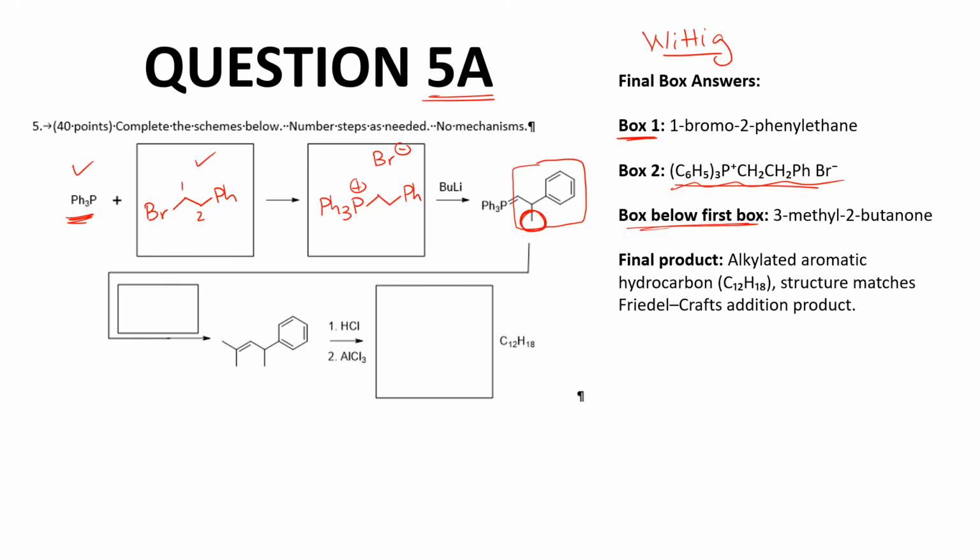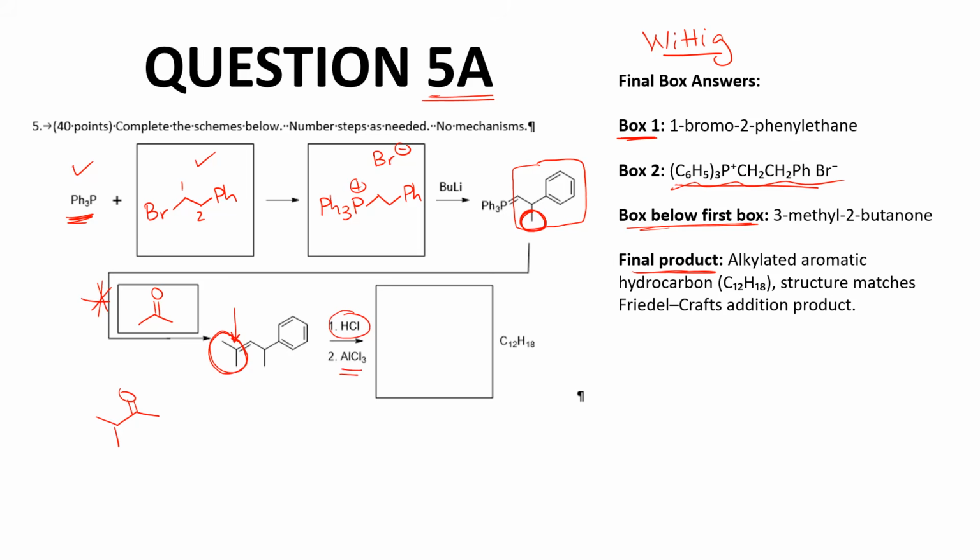The box below the first box, and that's right here on the lower left, is 3-methyl-2-butanone. So 2-butanone with a 3-methyl. Now, that's incorrect because we just need to add these 3 carbons. We need a 3-carbon group in here. It should be acetone. So again, counting carbons is a challenge. And for the final product, so I've set this up, do an addition of HCl, and that's going to give the chloride in that position.